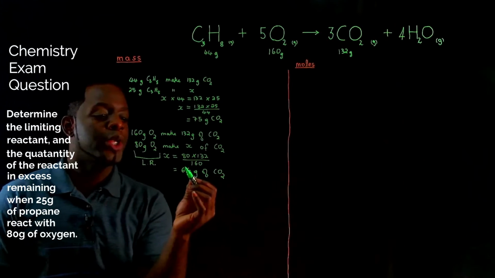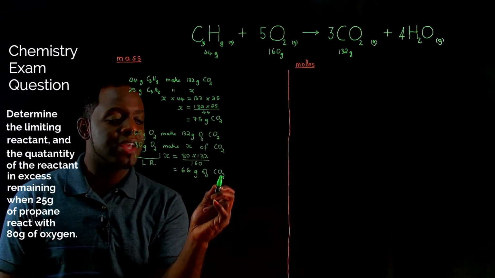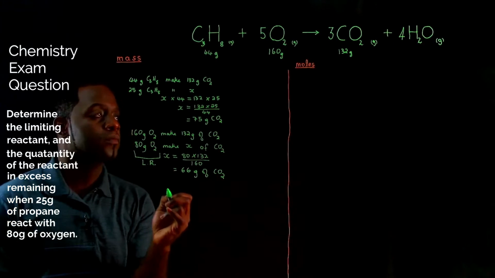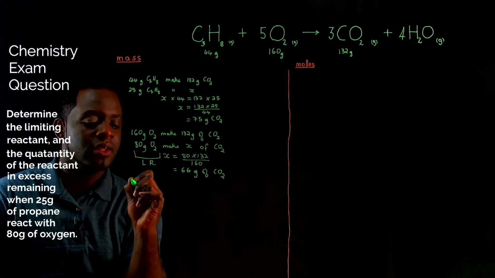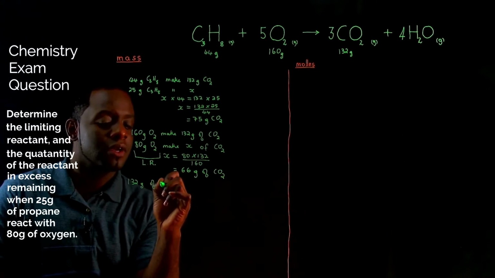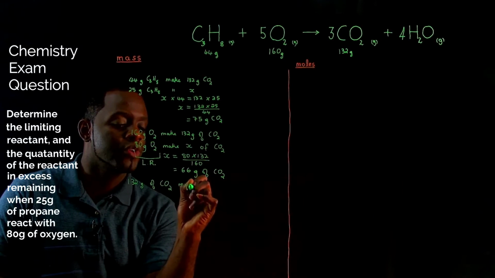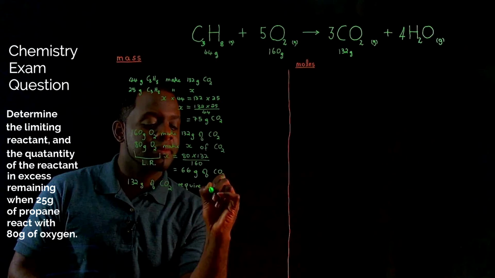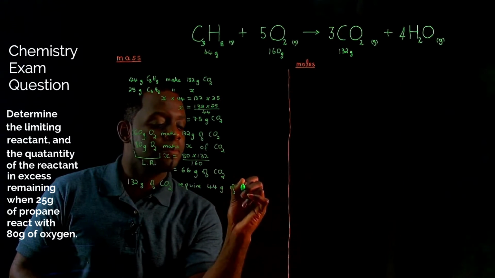So we are going to work backwards from the amount of carbon dioxide made from the limiting reactant. Theoretically, 132 grams of carbon dioxide require 44 grams of propane.